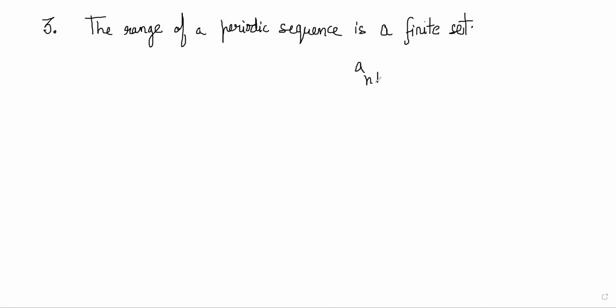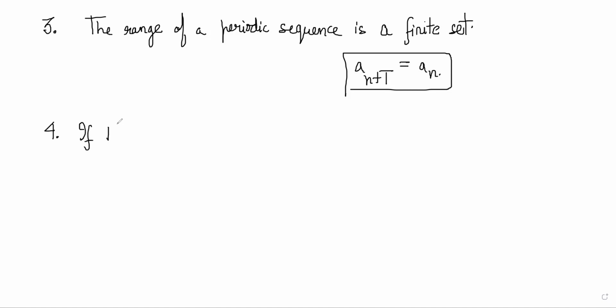Because after some point the terms will start repeating and you will get the same values as before. You cannot have an infinite set of integers as the range because the period has to be a finite integer. That finite number of terms will have unique values and after that the values will start repeating. So that is the logic behind this.